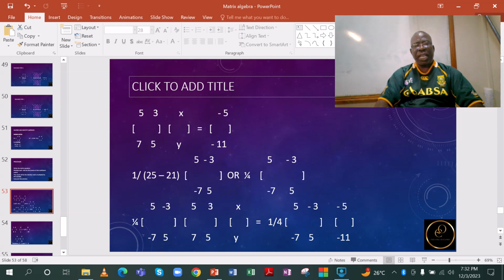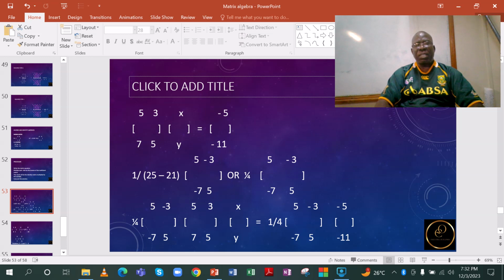On the other side, you also multiply the solution matrix by the inverse matrix. So the inverse matrix is 1 over 4 times 5, negative 3, negative 7, 5.